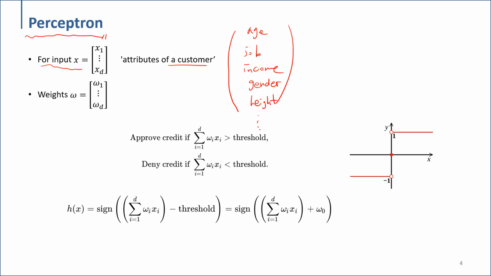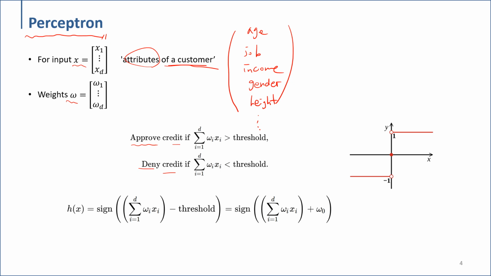So for these input variables, which are attributes of a customer, we need to take care of the weights to determine the final decision. By considering the weighted inputs and calculating the summation of these values, you will decide whether you will approve the credit or deny the credit.